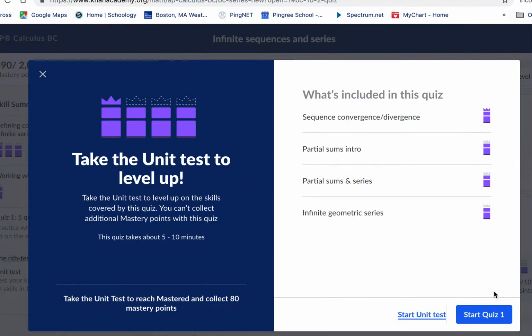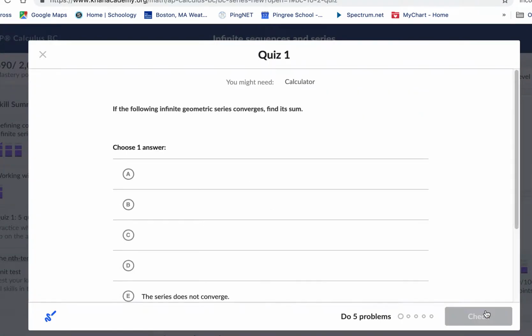All right. If the following infinite geometric series converges, find its sum. Well, it looks like this is staying negative. There's a multiplier, which is going to be 2.7 over 3.